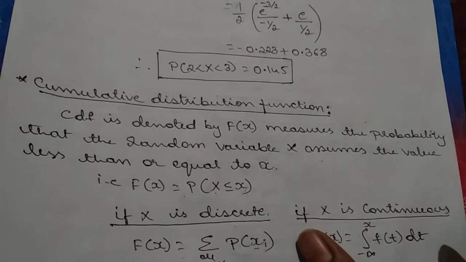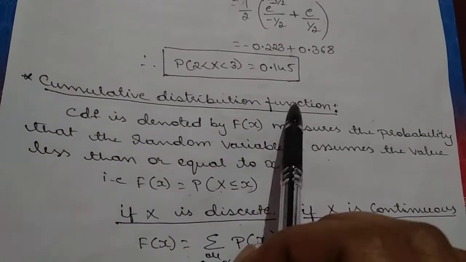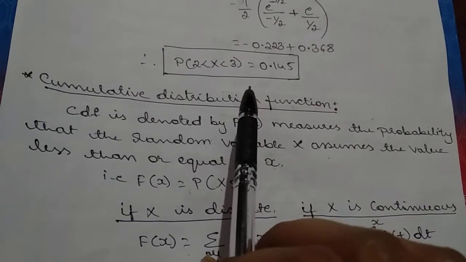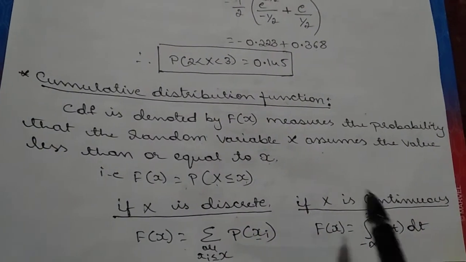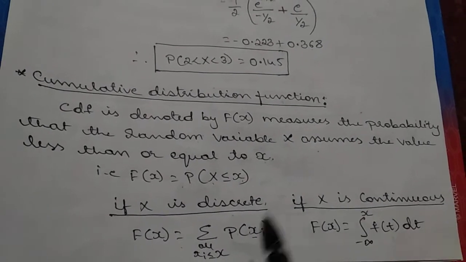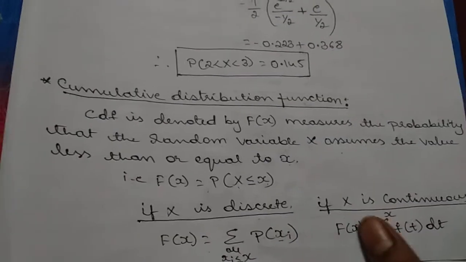This is the cumulative distribution function. To check it, you first have to check whether the random variable is discrete or continuous. On the basis of that, you apply the formula for that one.